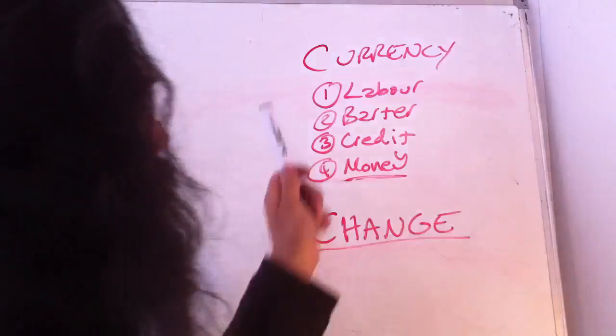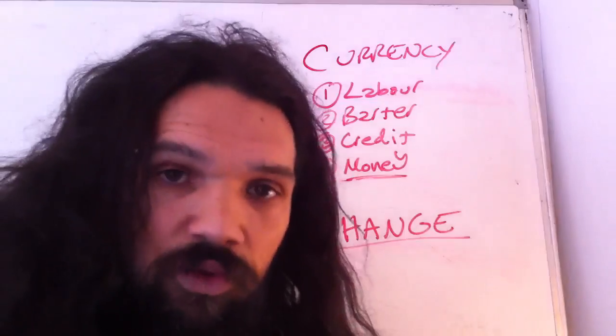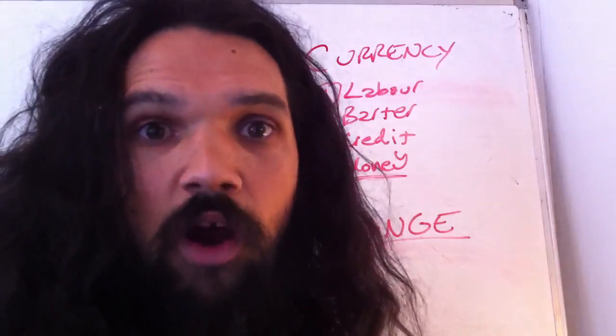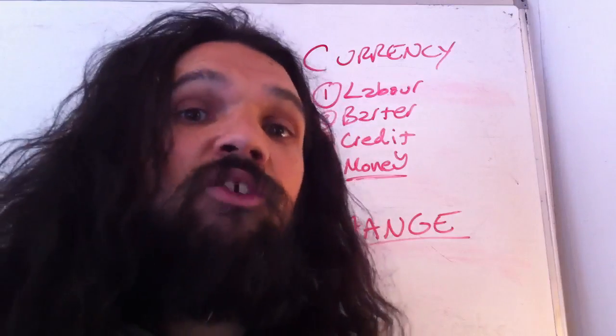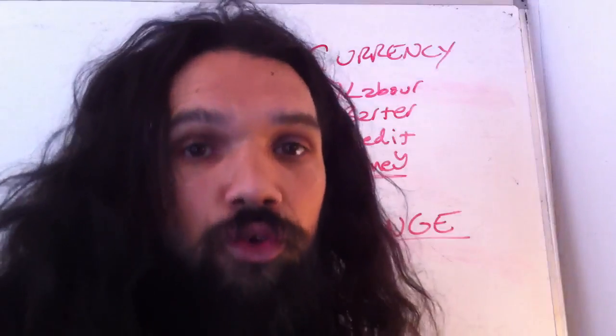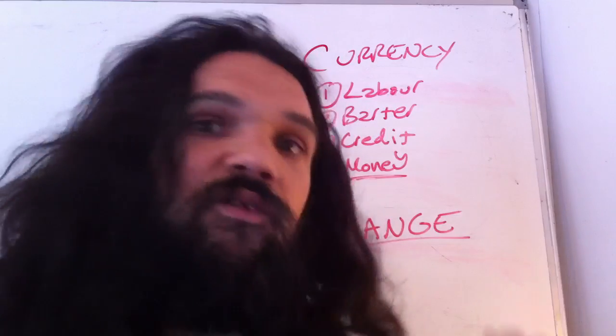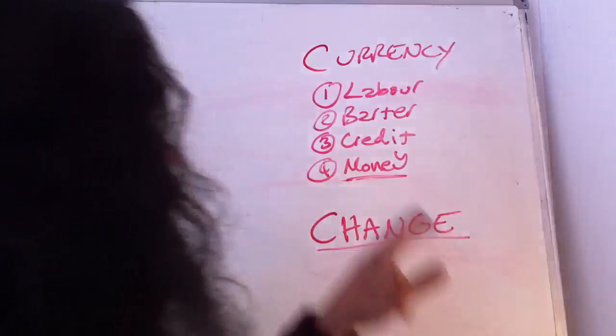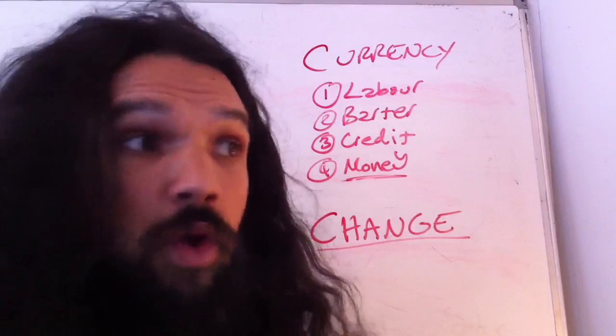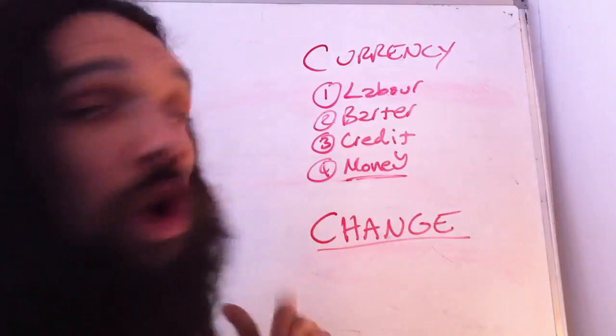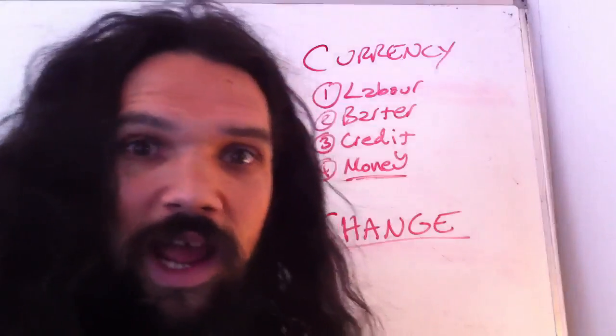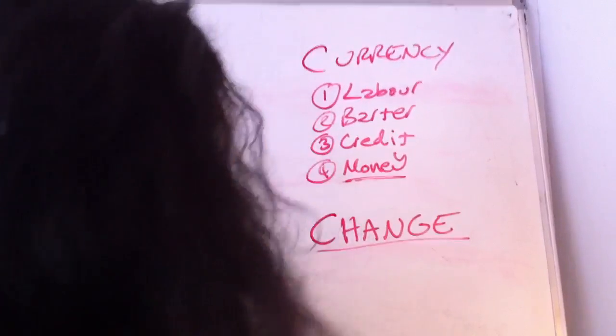Let's go through them. Labour is limited to your skills. So your skills are finite, as are Oliver's, and you will encounter people who are not interested in what you can do. So what do you do then if they have something that you want? You can fall back on barter and see if you have an object that they want that you can then exchange.